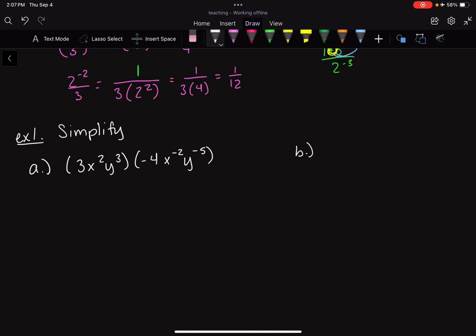Part B, negative 6a to the 5th b to the negative 1 over 2a to the 7th b to the negative 3. And I have more, but I don't want to run out of space, so we'll do these first.